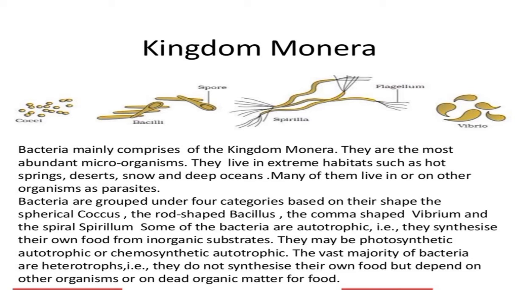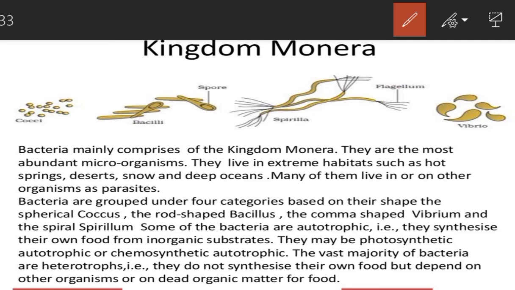So let us study about Kingdom Monera. The Kingdom Monera includes all prokaryotes such as bacteria, mycoplasma, actinomycetes and cyanobacteria. The characteristic features of Kingdom Monera are: number 1, they are the simplest and most primitive unicellular prokaryotes.